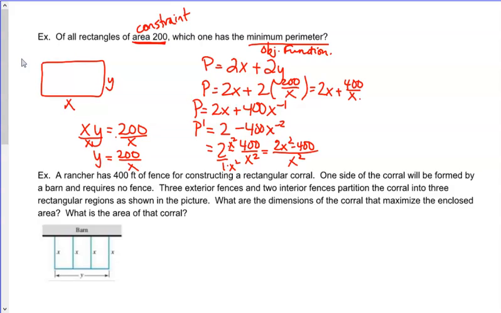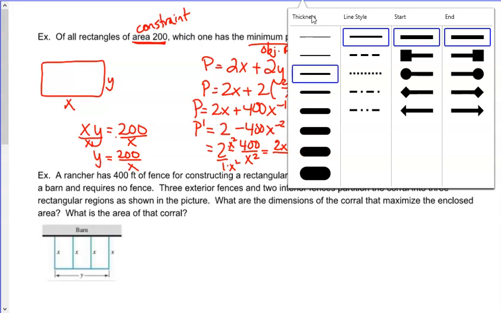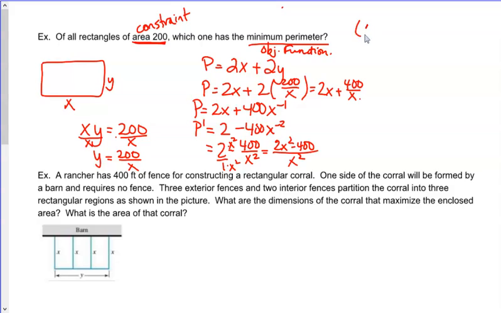And so, since our xy equaling 200 has to be greater than 0, then that shows that when I solve for y, if x is greater than 0, this whole thing's going to be greater than 0. So the interval of interest that we're looking at here is kind of an infinite one, from 0 to infinity for this situation, for the x values.